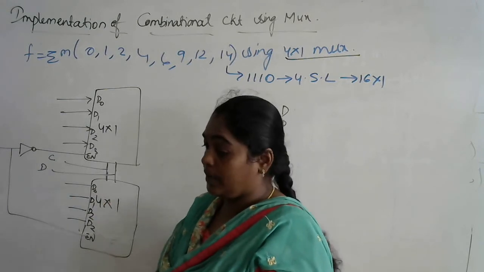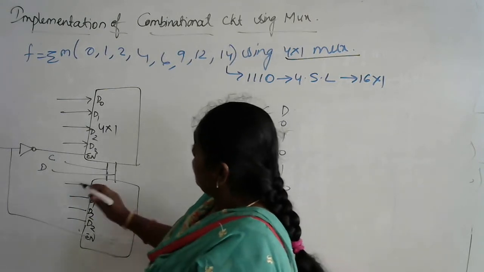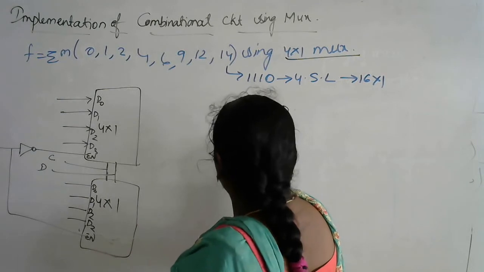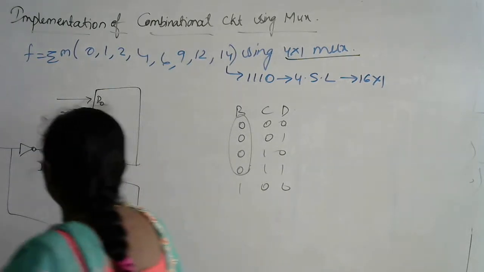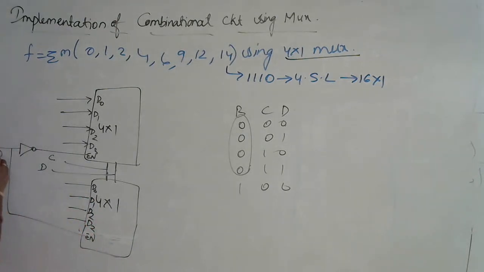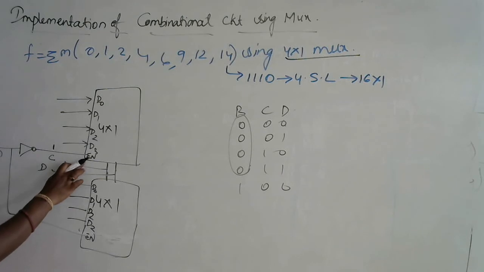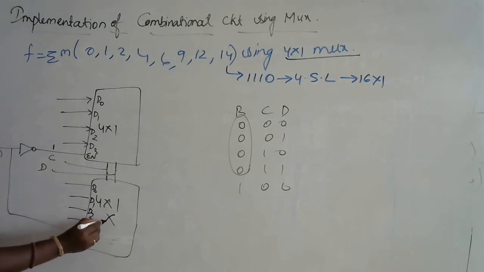Now, when B is 0, C and D values are 0, 0. If B is 0, this enable pin is 1. As it is active high, whenever the enable is 1, only then does the circuit function. As the same B is connected here through the NOT gate, the second will not function, only the first will function.